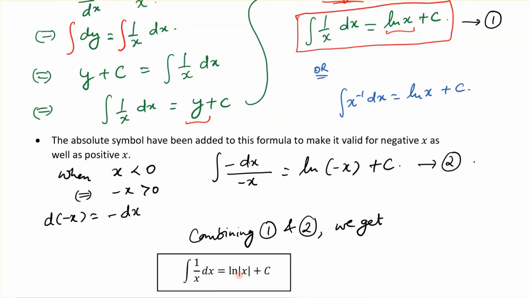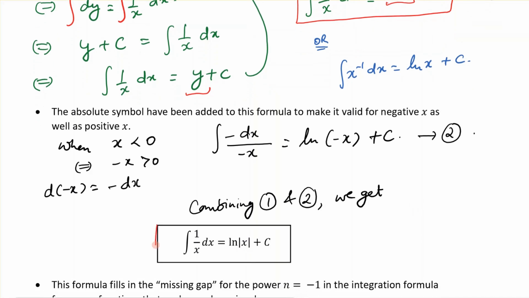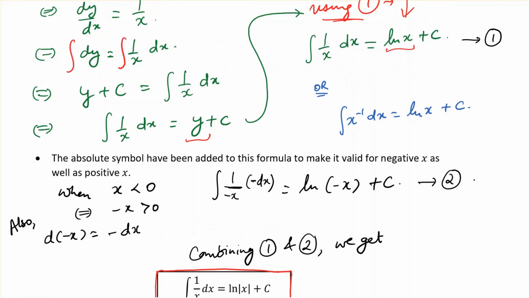So ultimately, this is the formula that we're going to remember: the integral of 1 over x dx is equal to ln of the absolute value of x plus c.